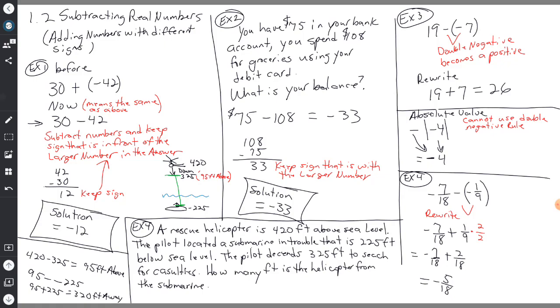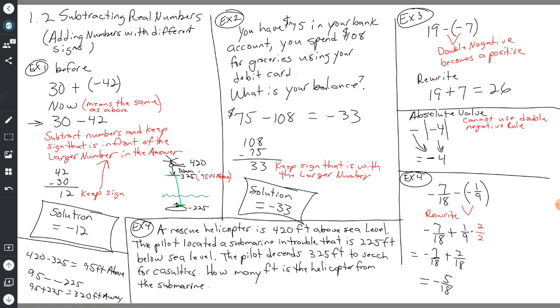All right. So that's when we're thinking about how the double negative becomes a positive. It's almost like we're thinking about the distance between the two, and since we're going down to get to the submarine, we'll be subtracting more feet, just like we were doing in this example up here.